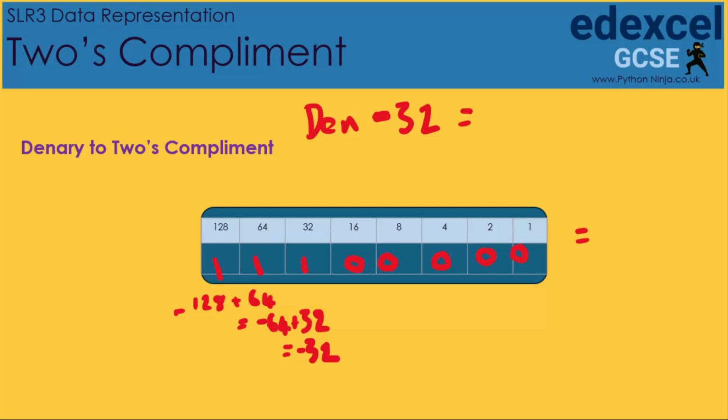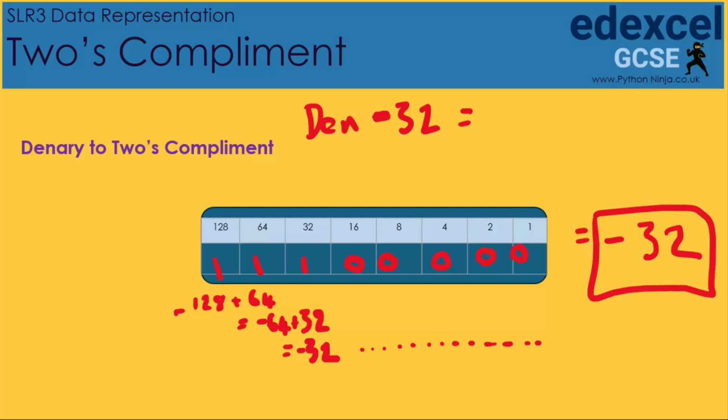Minus 32, we're going to move along a bit now, plus nothing. We don't have anything more to add. So this is our answer, minus 32, and shock, horror, this matches up with what we were trying to do. So we've used 2's complement to quickly convert from a negative denary number to a signed integer binary number.